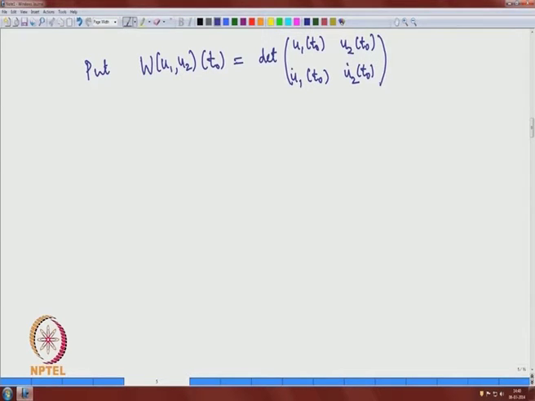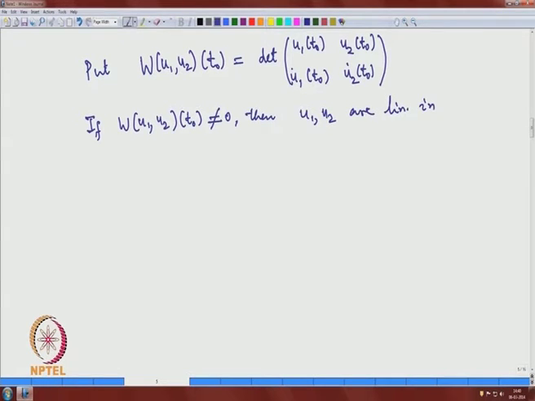Okay. So, what we saw in the previous slide is that if W(U1, U2)(T0) is not 0, then U1, U2 are linearly independent.